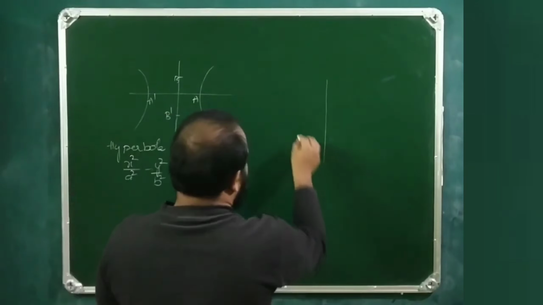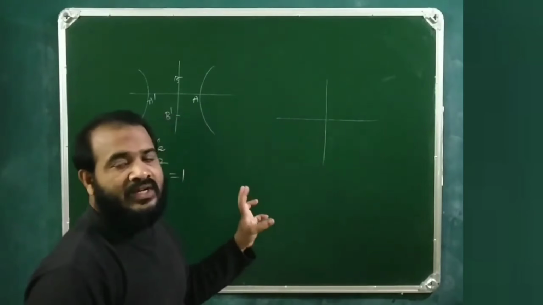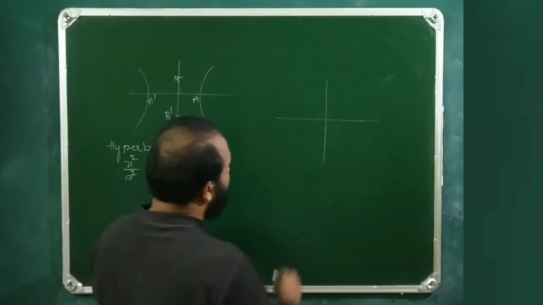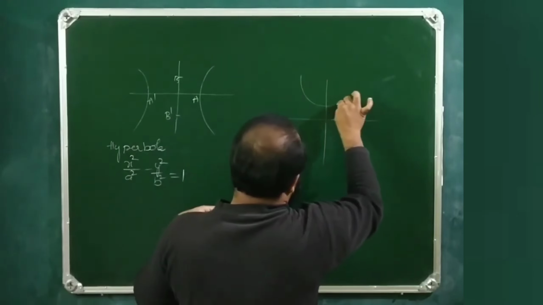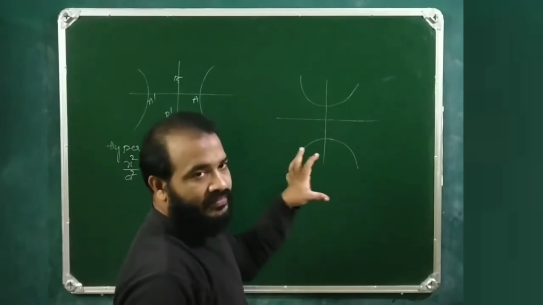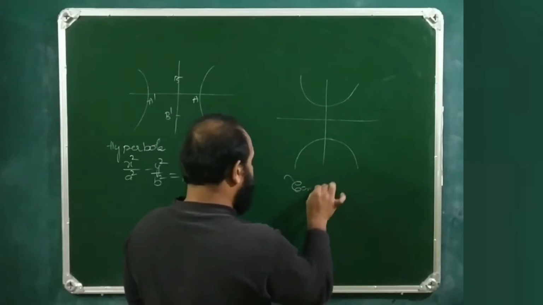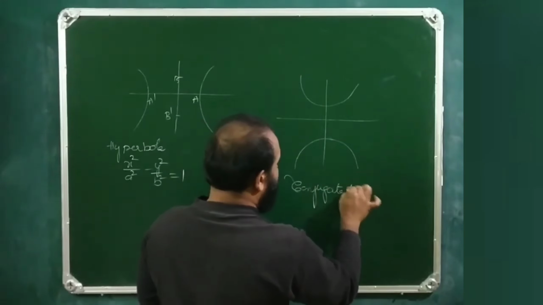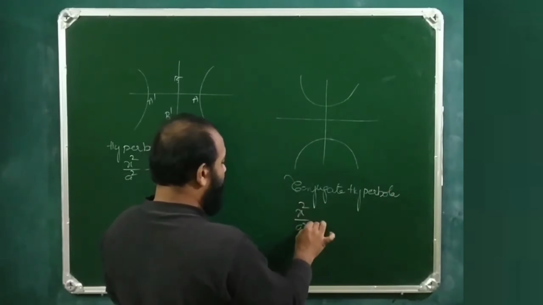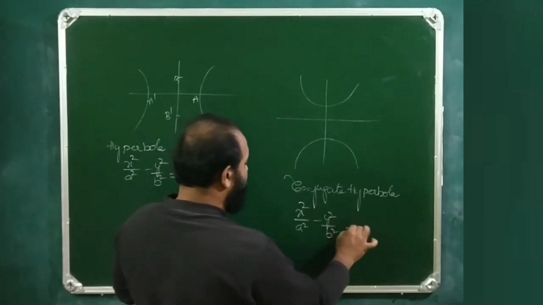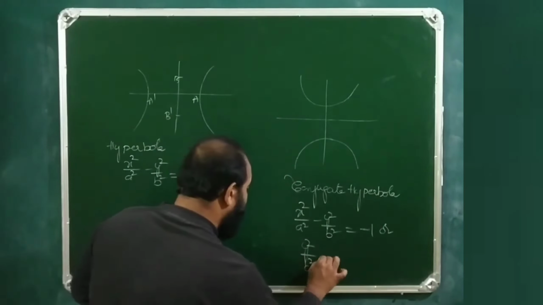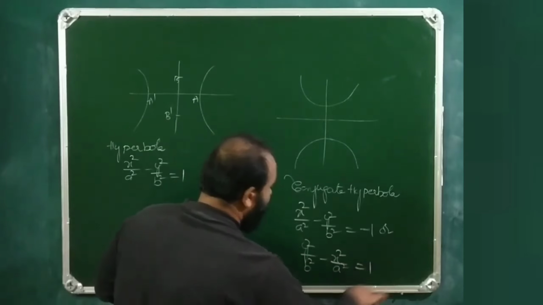So the hyperbola whose transverse axis is the conjugate axis and conjugate axis is the transverse axis, this diagram is the conjugate hyperbola. And its equation is x square by a square minus y square by b square equals minus 1, or y square by b square minus x square by a square equals 1.